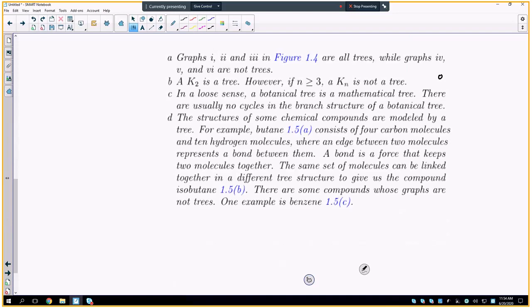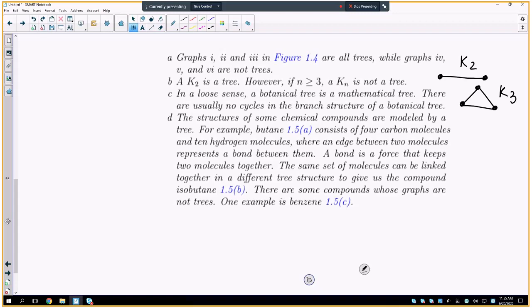So just to remind you, the picture looks something like that. You have 2 vertices, and that is a tree. Whereas Kn for n greater or equal to 3 is never going to be a tree. So think about this situation. This is your K3, complete graph with 3 vertices, and it has a cycle, so it is not a tree, and so on and so forth.